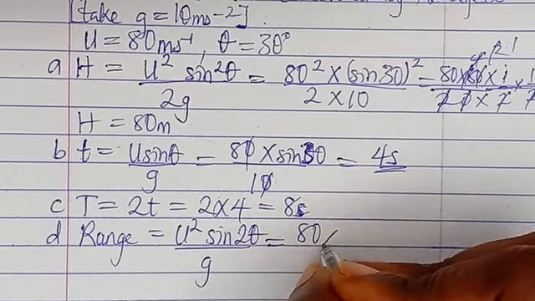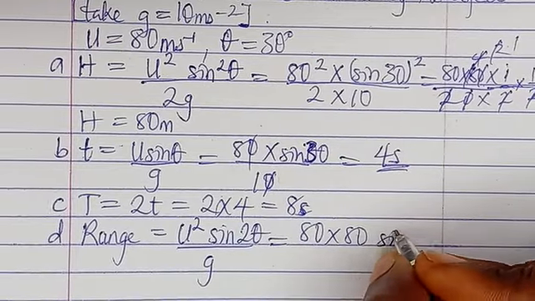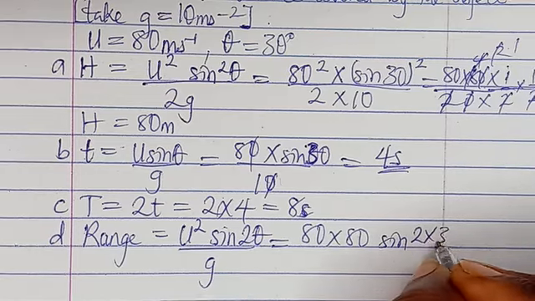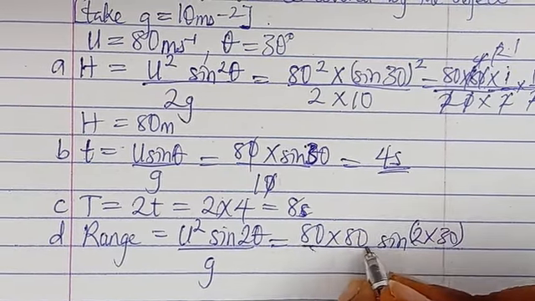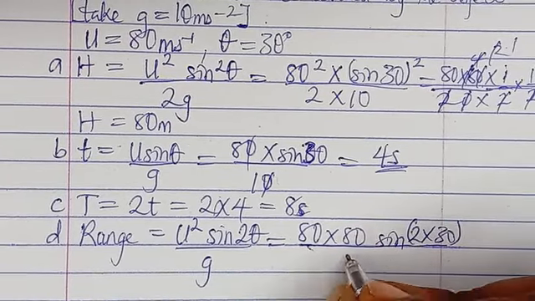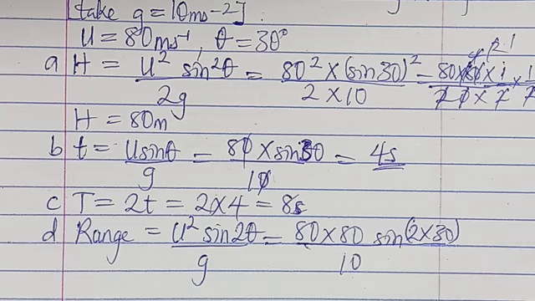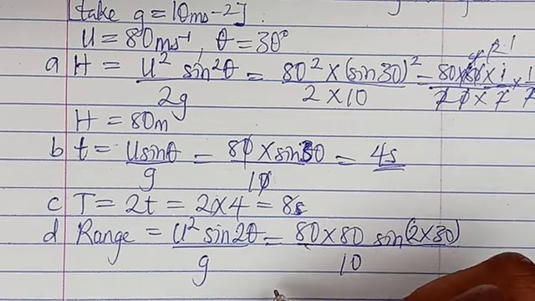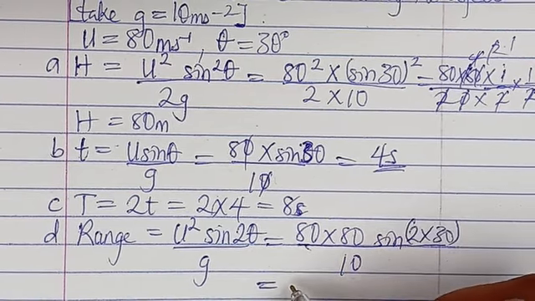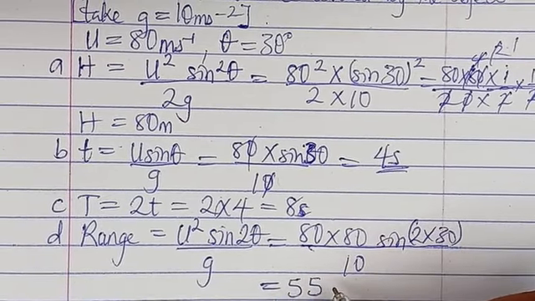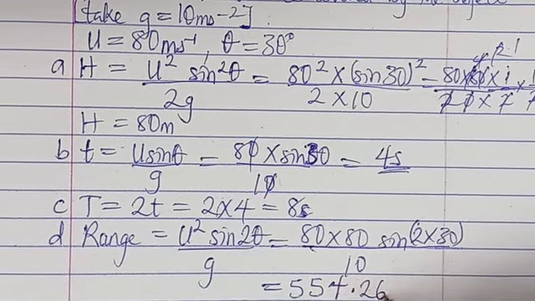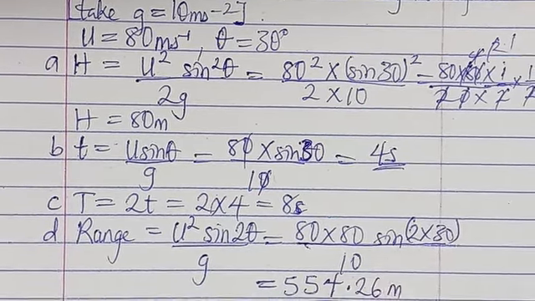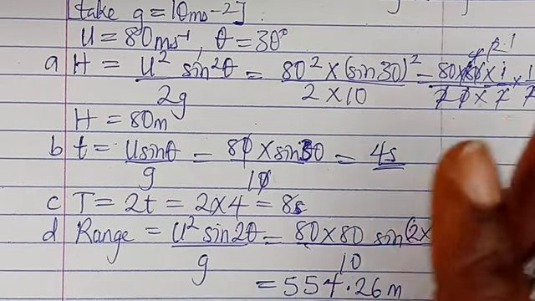So that is 80 times 80 times sine 2 times 30. So this should be in a bracket, sine 2 times 30, or when you spread it out, that's 60. Okay, so when we solve, we get that the range is equal to 554.26 meters. Okay, so that is it.